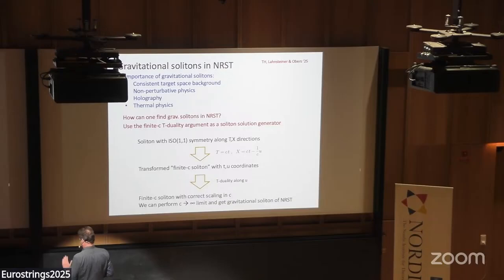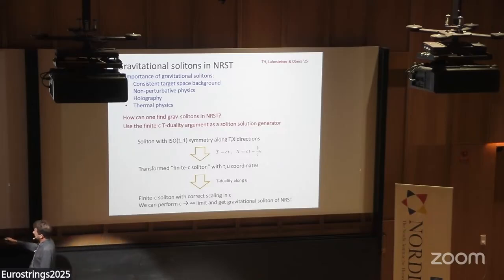So we were, in a way, very simple-minded about it. We simply wanted to repeat the procedure that was done in flat space, but now for curved backgrounds. So we considered a particular class of solitons for which you have a 1+1 dimensional Poincaré symmetry along the directions here called T and X. This is what we think of as the longitudinal part of the solution.